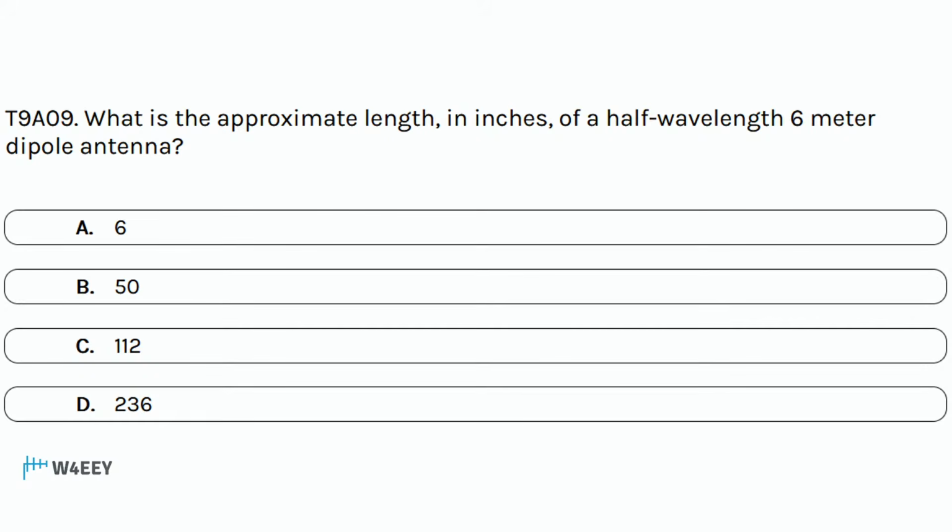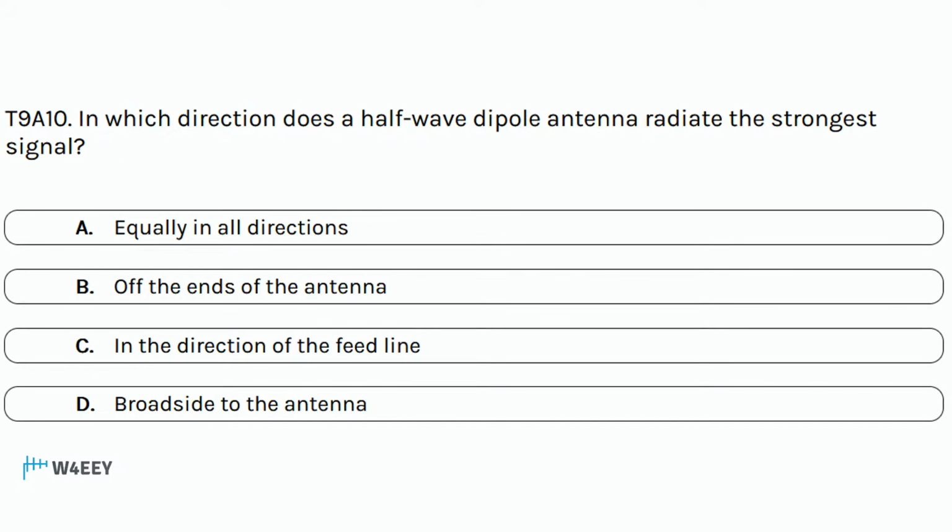And what is the approximate length in inches of a half wavelength 6 meter dipole antenna? So you saw the formulas, and you can go back and check them out. It's 112 inches. And in which direction does a half wavelength dipole antenna radiate the strongest signal?